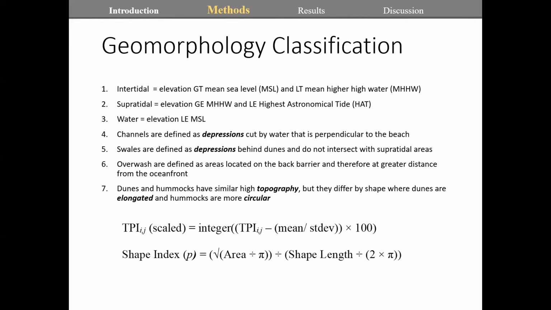And dunes and hummocks, if you remember our little schematic of what a barrier island looks like, are topographically very similar to each other, but they're slightly different shapes. So dunes and hummocks have similar topography, but their shape is different. Dunes are elongated and hummocks are more circular.